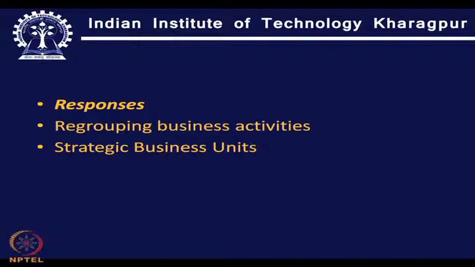Each has its own functions, departments and services in place, and each has its own policies and mission developed. So under the big umbrella, there are smaller units defined, and each has its own goal to reach, and that is how it is functioning. So these are called SBUs.